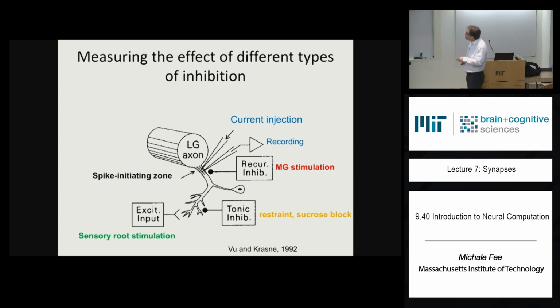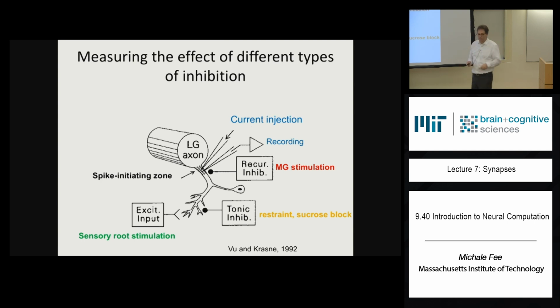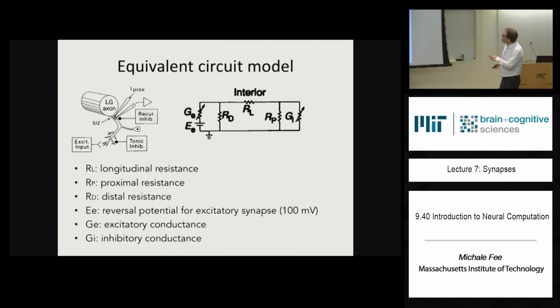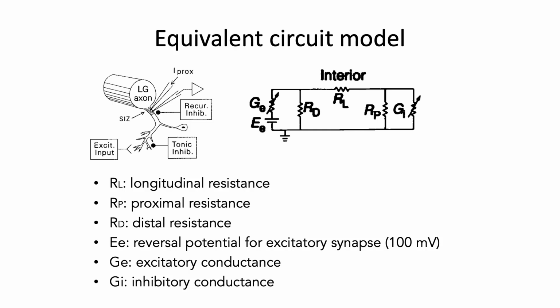The input that absolutely suppresses the response of this neuron comes right on the soma, where the spike is generated. The ones that tonically adjust the probability of spiking come out here where the excitatory inputs are. So they developed a simple equivalent circuit model where you have a dendrite with an excitatory input, and you can have recurrent input on the soma.